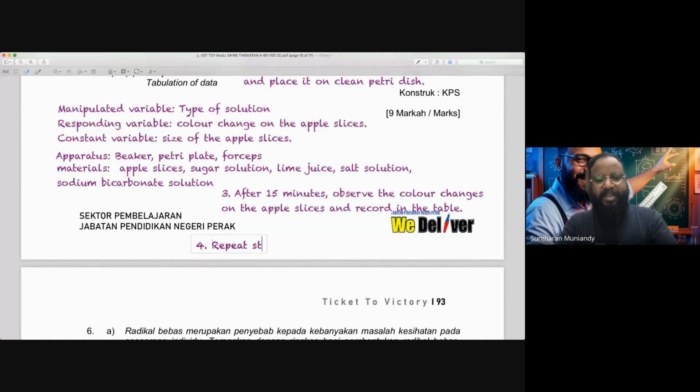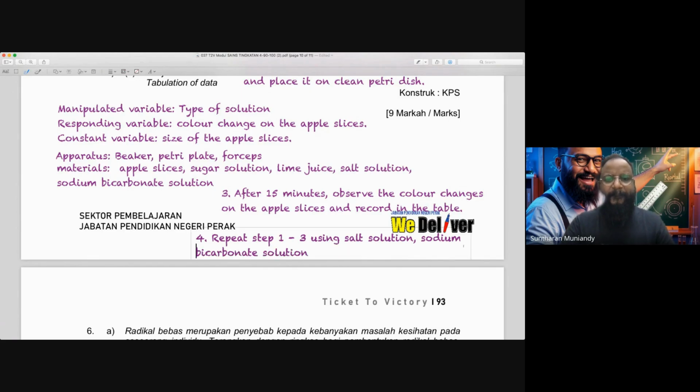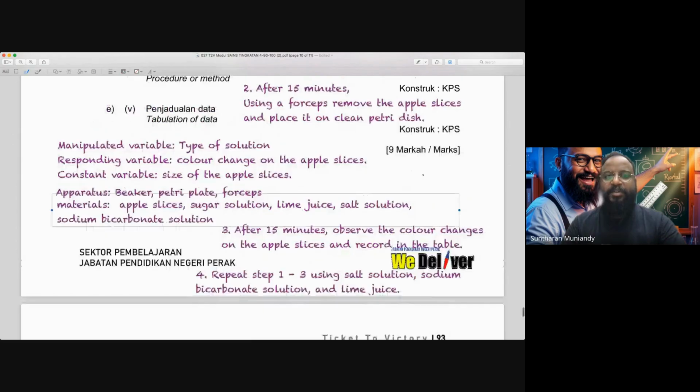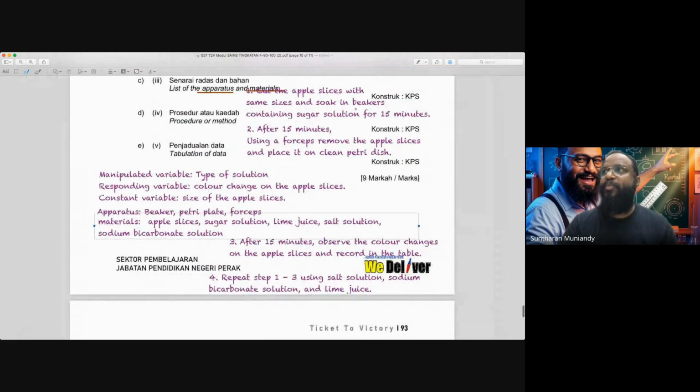Repeat step 1 till 3 using salt solution, sodium bicarbonate solution, and lime juice. Very simple steps. You are done with the procedure.